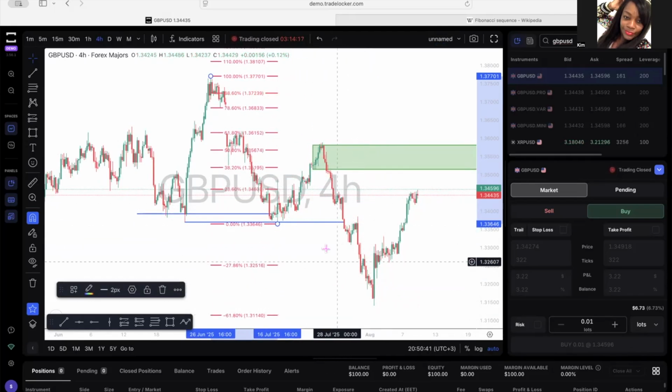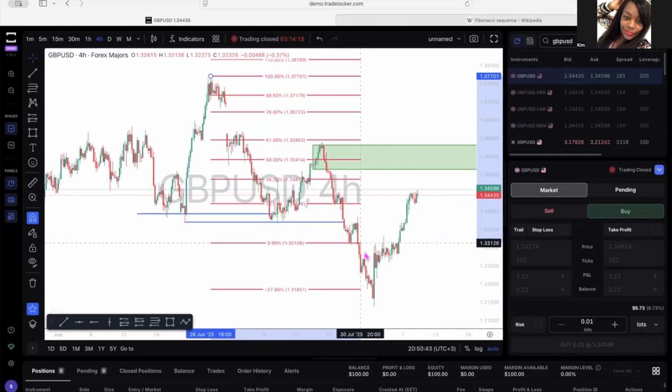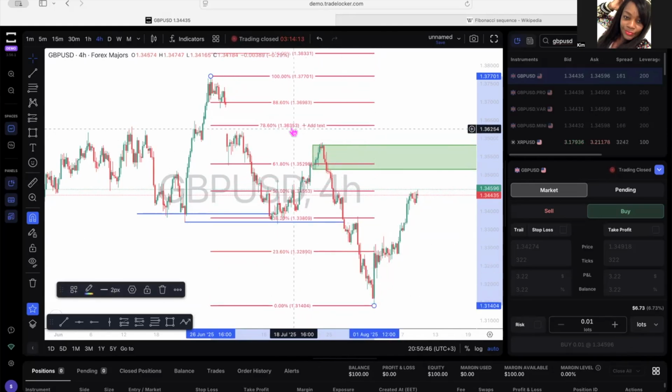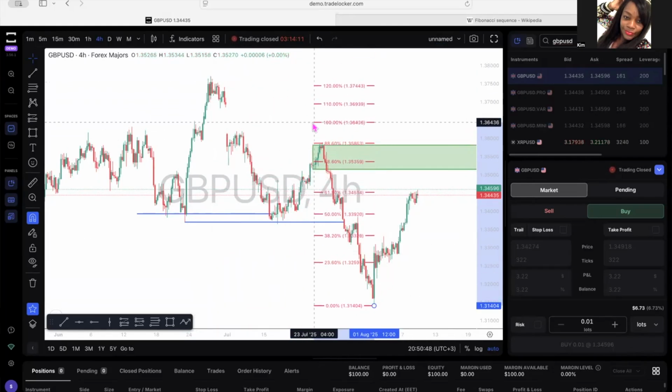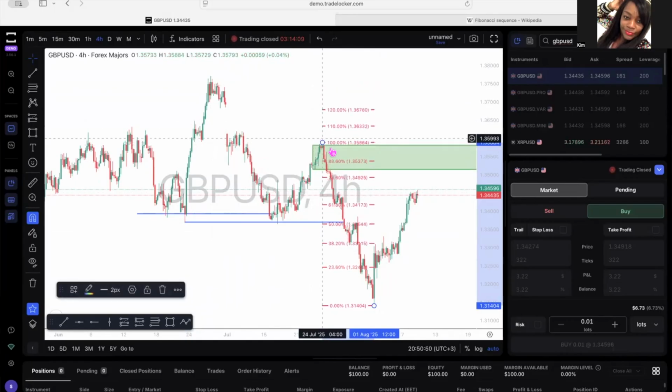It didn't get to the 618. So now the next move would be this move here. So now price has pulled back into the 618. Maybe it'll come to the 78. Maybe it'll come to the 88. This is my supply zone.